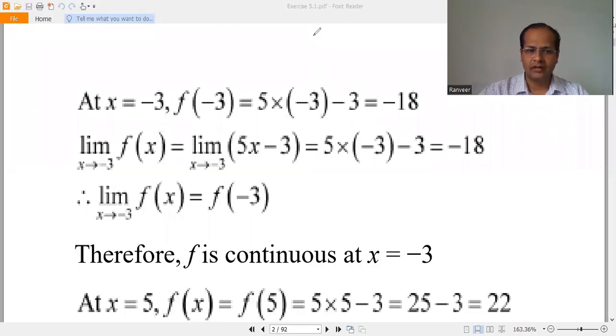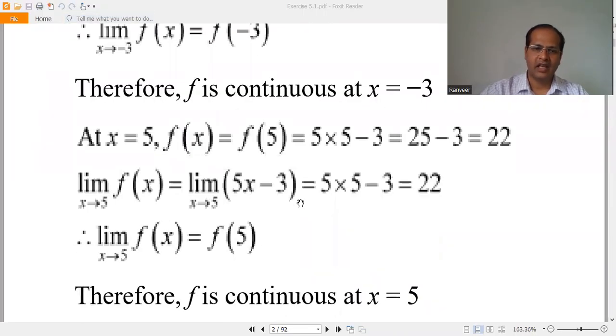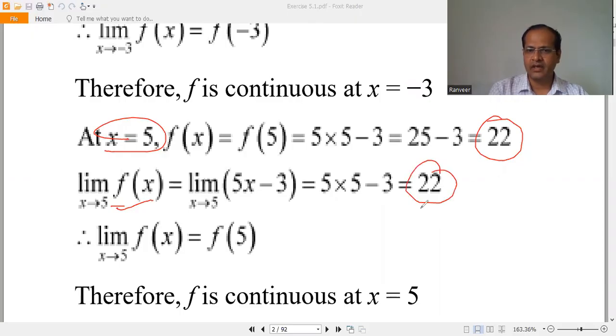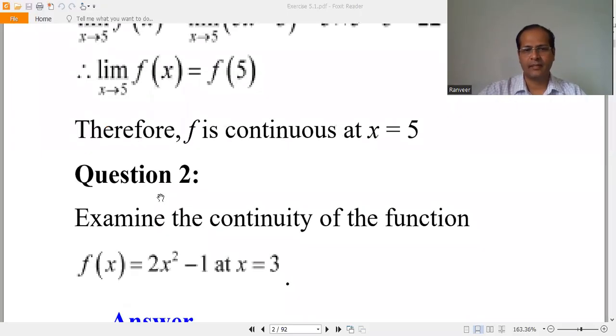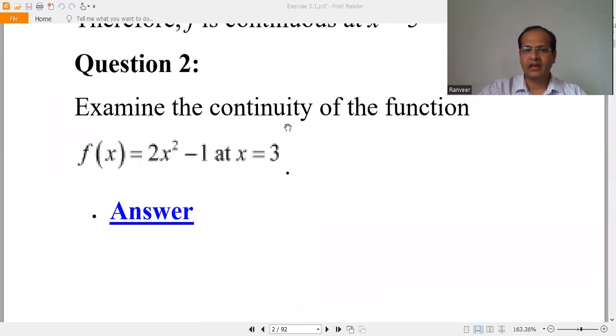Now third, at x equal to 5, here also the same thing. The value at the point x equal to 5 is 22, and the 5 plus and 5 minus limits both give the value 22. So the given function is continuous at all the points. Now examine the continuity of the given function at the point x equal to 3.